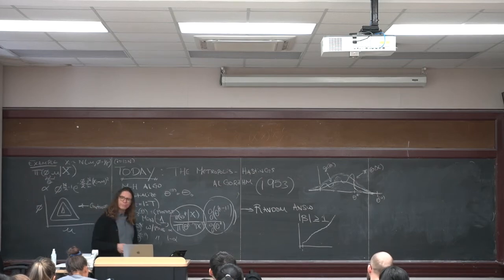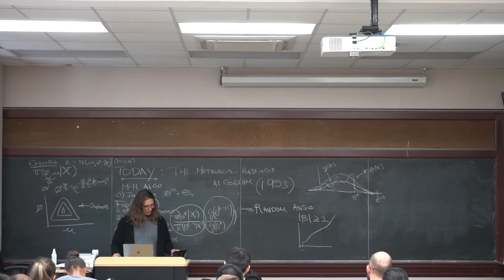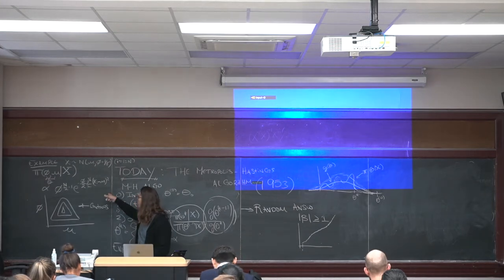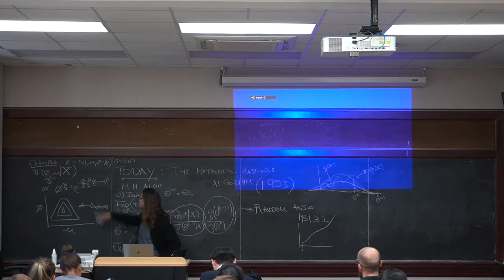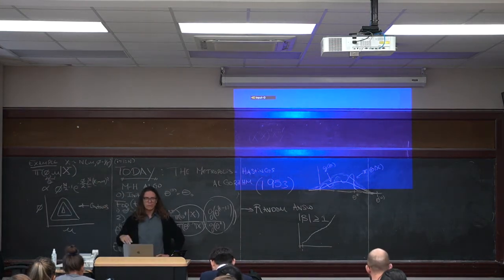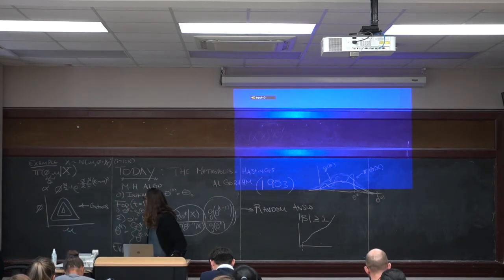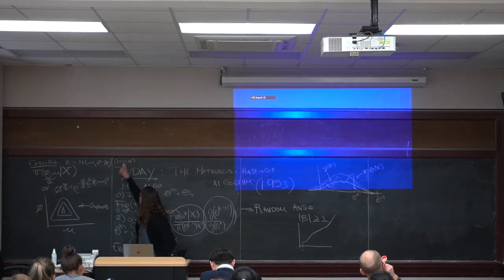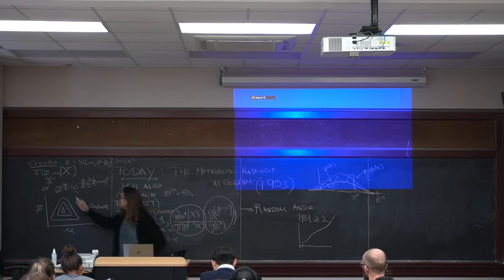Okay, let's run the algorithm. Let's see what it looks like. So let's come to this example right here. The x_i's are coming from a normal distribution, and we want to infer this posterior distribution.